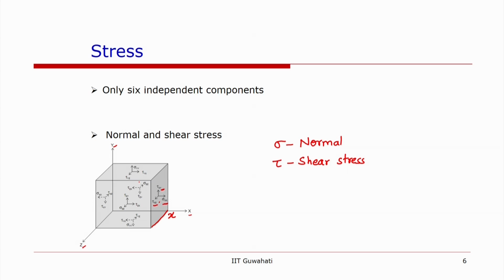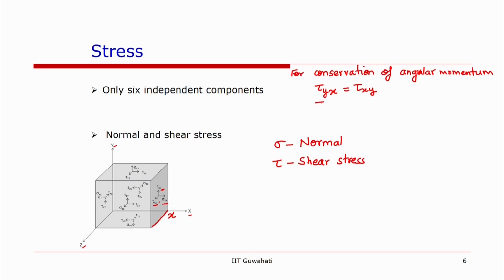Now, for conservation of angular momentum, it is necessary that tau yx is equal to tau xy.